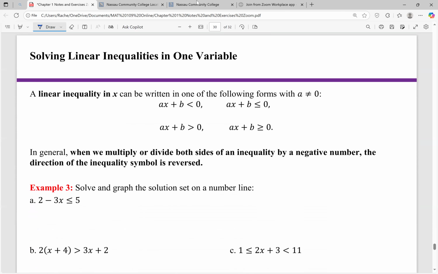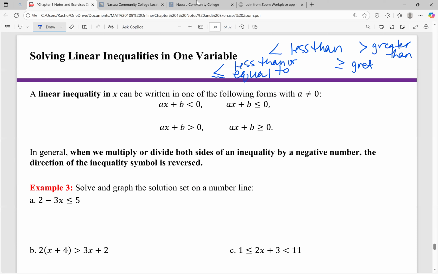So we said earlier that the difference between a linear inequality and a linear equation is the symbol, right? An equation has an equal sign and an inequality has an inequality symbol. And just a quick reminder, this is less than, this is less than or equal to, this is greater than, and this one is greater than or equal to, right?